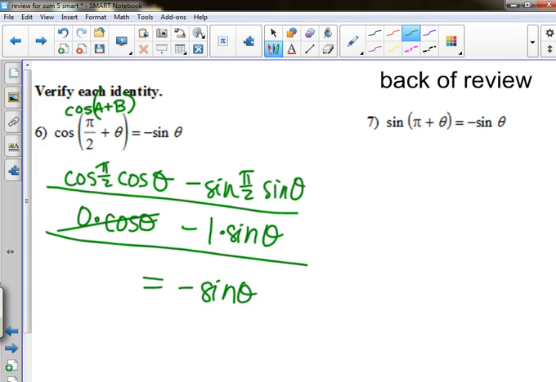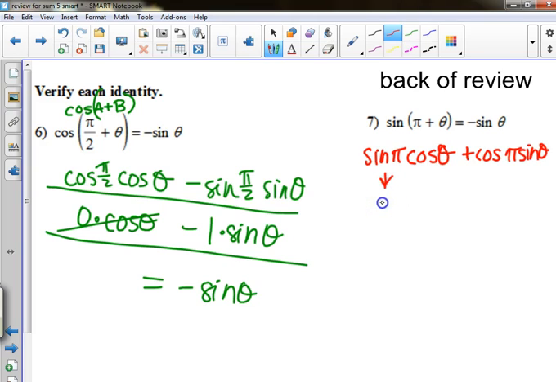Should we do one more or you got this? One more? Okay, so sine A plus B would be expanded as, somebody? Sine A cosine B plus cosine A sine B. Okay.